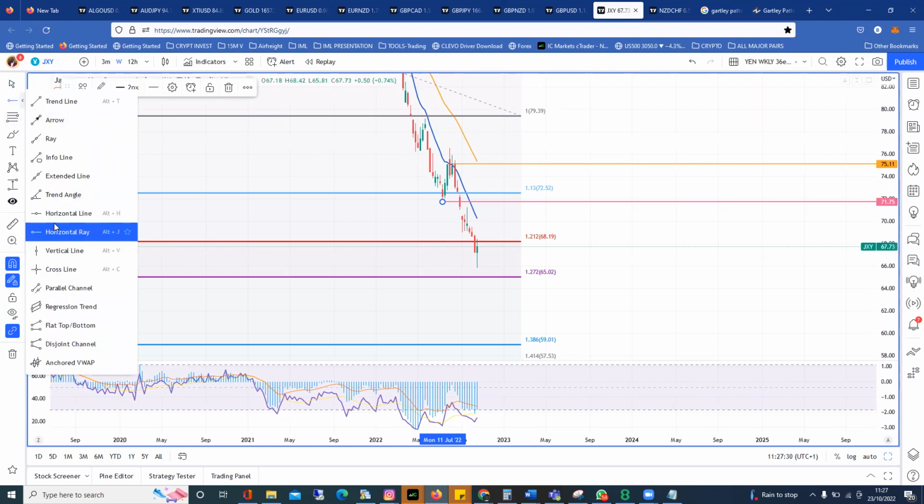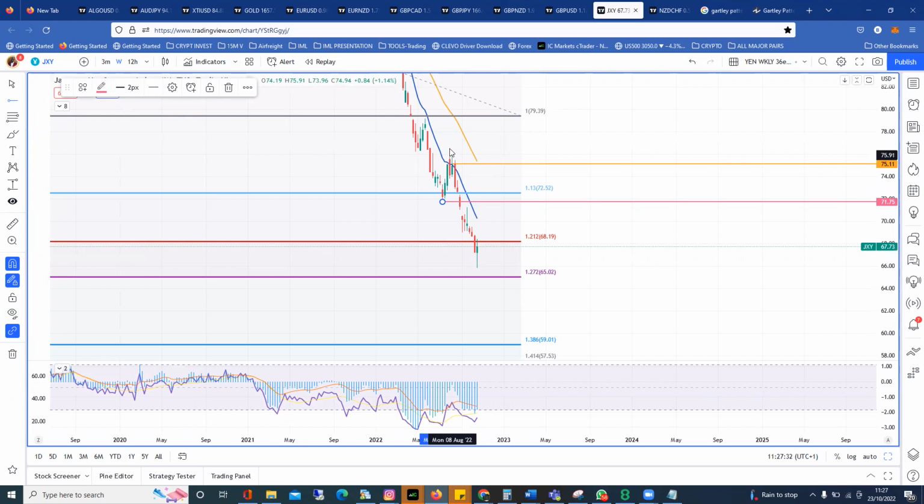And this will be the guidelines for us in the yen trades, because if the yen continues to push up, then obviously the other yen pairs will be suffering, they will be selling off.